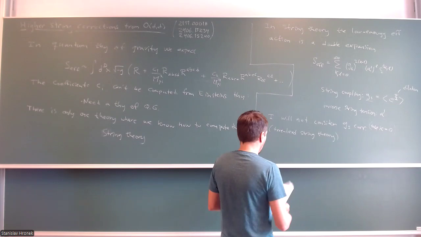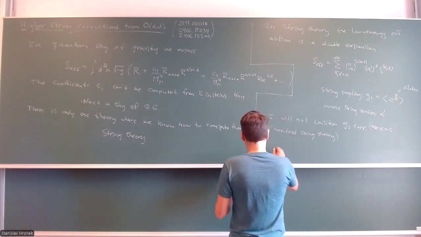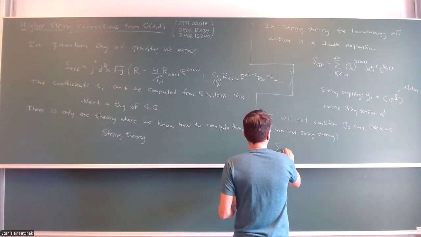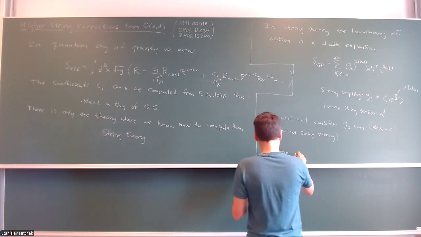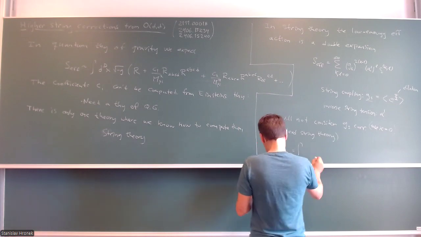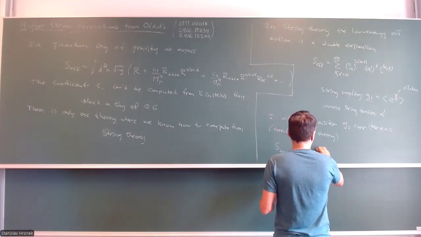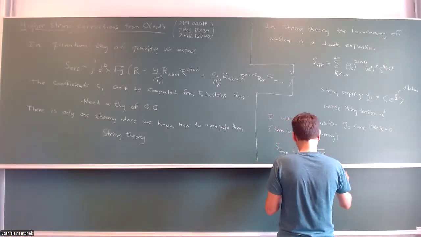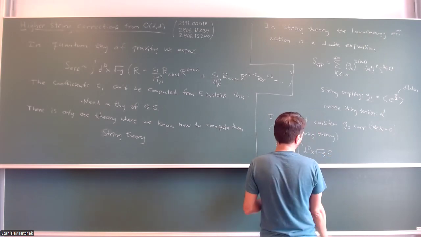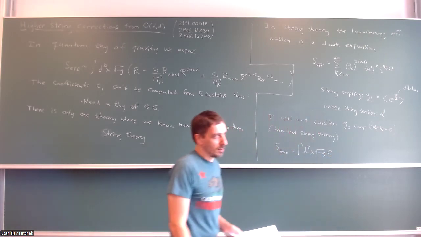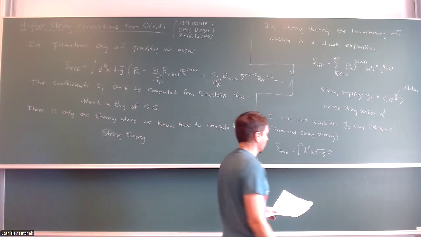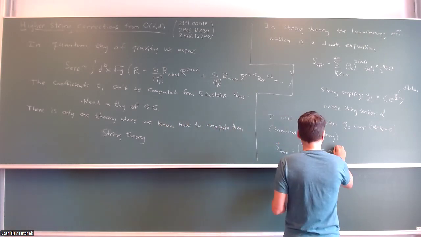Okay, so if we do this, the effective action, let's call it S3, emphasizing that we're at field-level effective action, takes this form. You integrate over d-dimensional space. Of course, D will have to be the critical dimension of the string theory, so it'll be 26 for the bosonic string and 10 for the superstring.